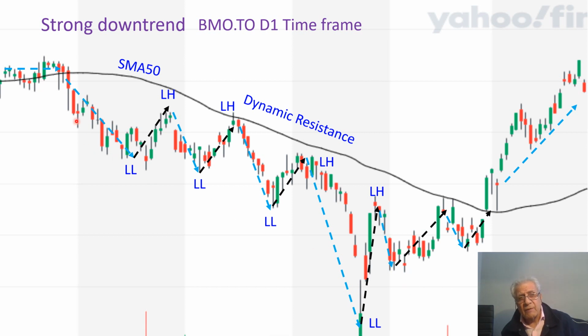If this pattern, which is lower low, lower high, lower low, lower high, is broken, which is broken here, that means the trend is near reversal. And you see that is correct. The downtrend finished and it reverses here. So that is basically the price action that we learned in this downtrend.